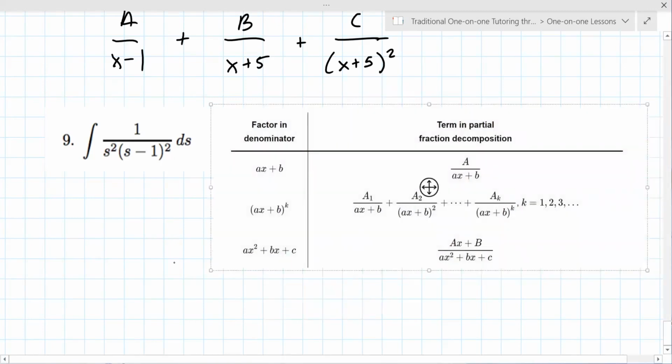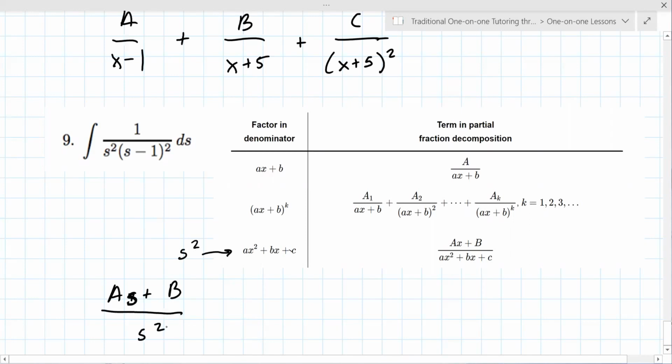So the s squared is actually this one down here, but it doesn't have a Bx or Bs and a C. It's just that, and that's why it's maybe hard to recognize, but it's one of these. So you would go As plus B over s squared for that one.